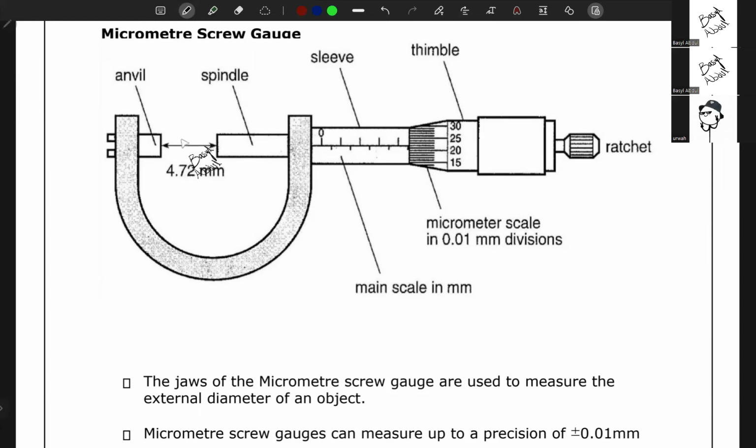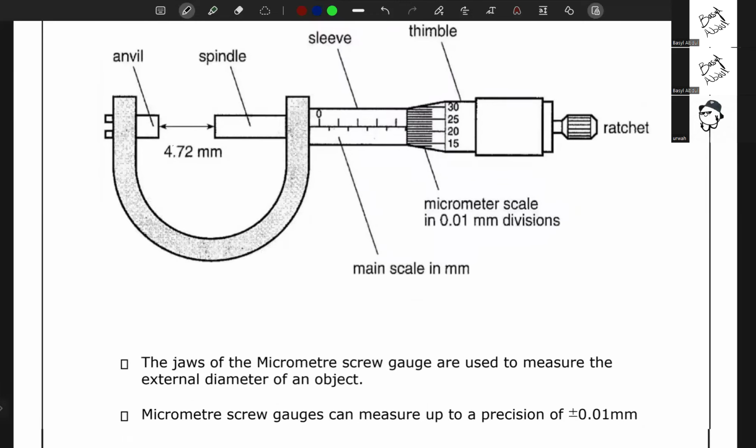Like I gave you an example, if you think of a wire, you can measure very small diameters with a micrometer screw gauge. You could place a wire in between, and close the spindle, because the anvil is fixed. So when it touches the wire, you can read off the scale and the thimble. I'll tell you exactly how we do that. It's my mistake, actually. I should have brought a diagram where you have something in there.